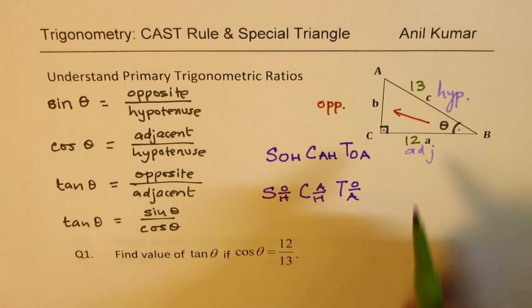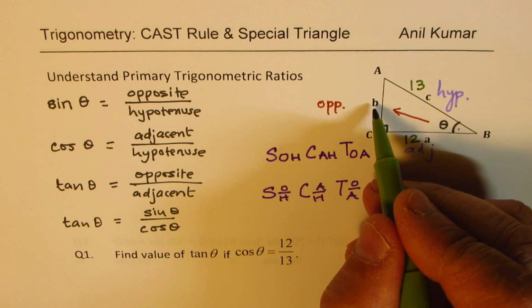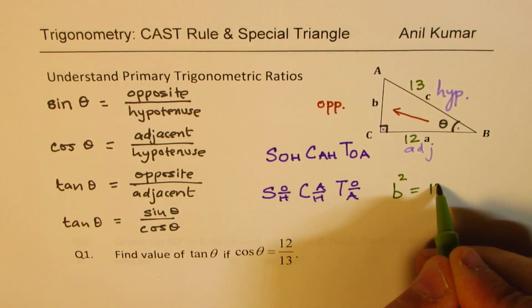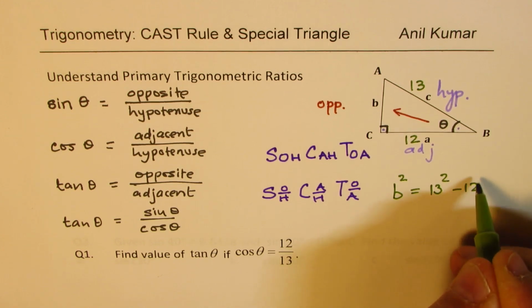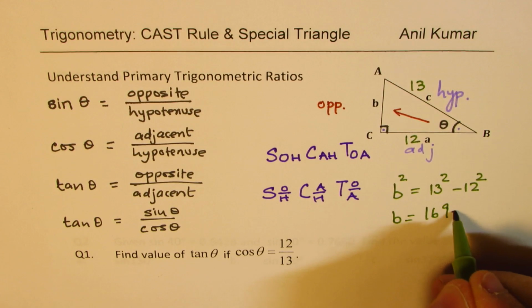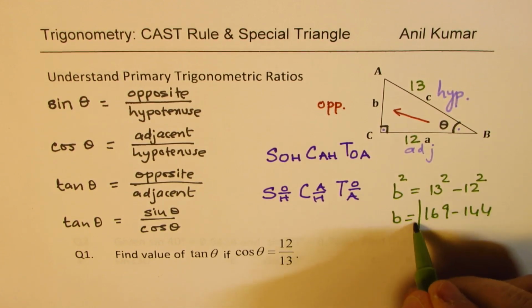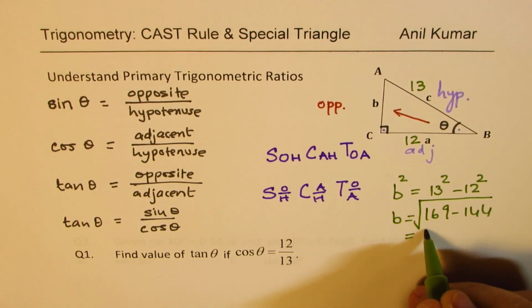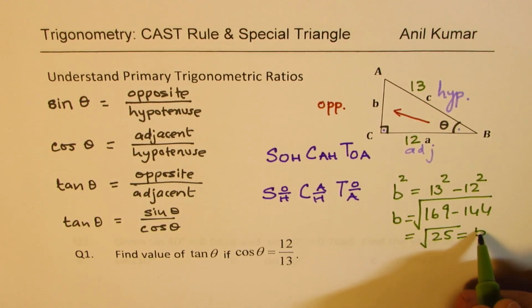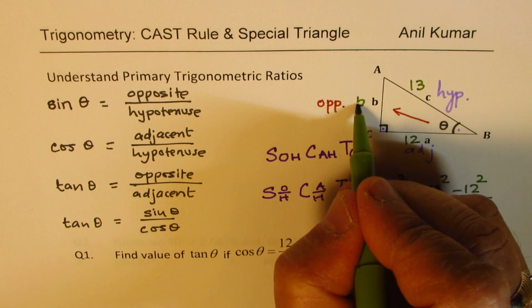Now if you apply the Pythagorean theorem, you can find the other side. b square should be equal to 13 square minus 12 square, so b is the square root of 169 minus 144, which is the square root of 25, which is 5. So this side is 5.